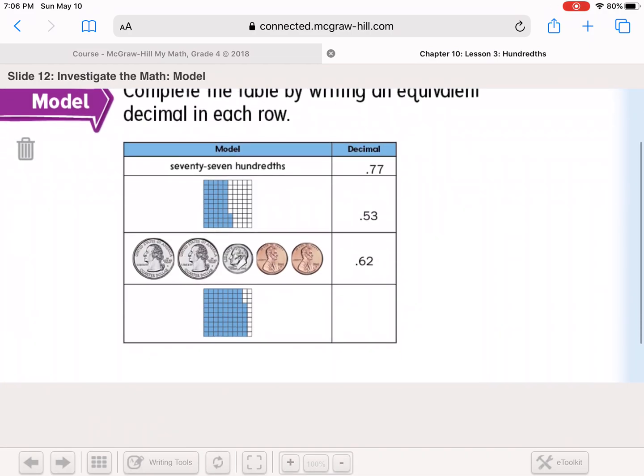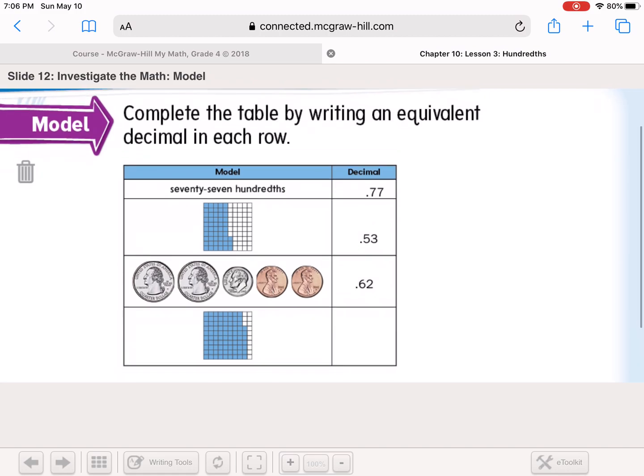Okay, so, I had already done this. That's why it's already there. It says complete the table by writing an equivalent decimal in each row. So the first one was 77 hundredths. Whenever I think of hundredths and tenths, I just think about change. What would my change look like? 77 cents, 53 cents, 62 cents.